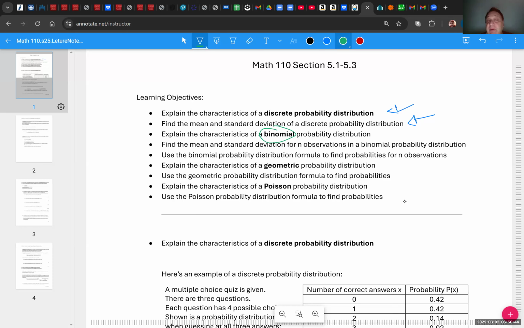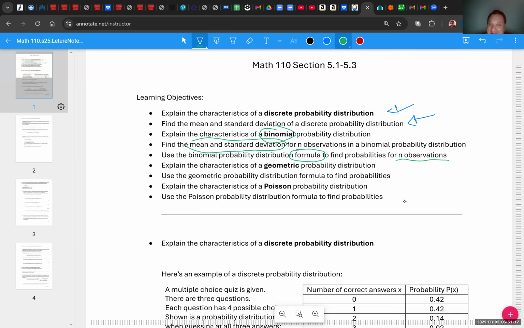We're going to be doing formulas for the binomial probability distribution, the mean and standard deviation of the binomial probability distribution. And we also have an additional formula to find the probabilities for n observations. We have two more types of probability distributions: geometric probability distribution along with its formulas, and the Poisson probability distribution and its formulas. So there are four types of probability distributions we're doing in chapter 5.